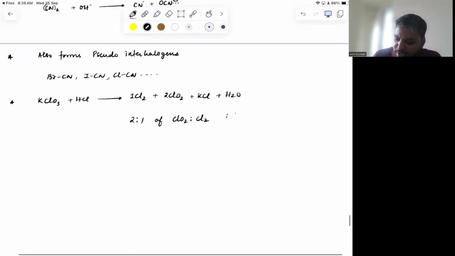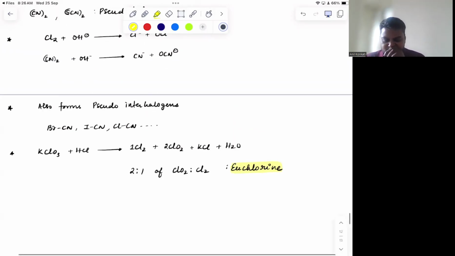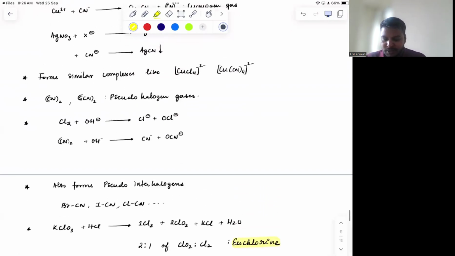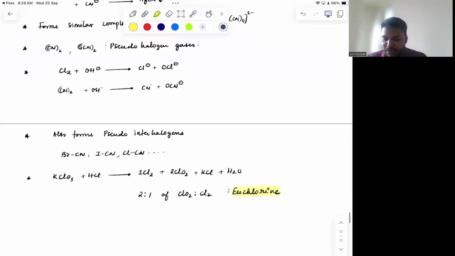And this mixture is called euchlorine. This is one of the compounds that was asked in JEE Mains before. I'm not sure if it is being asked again, but yes, this was asked before. So I think you should be able to learn it. Clear, guys? These are all about the pseudo interhalogens as well as one important reaction here.